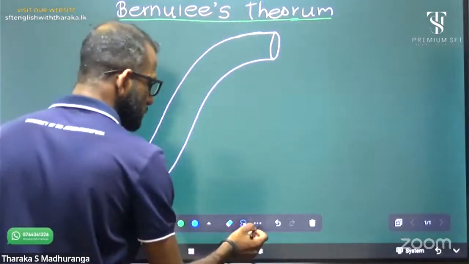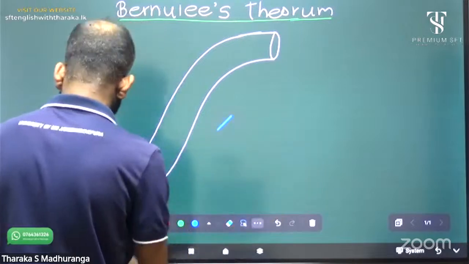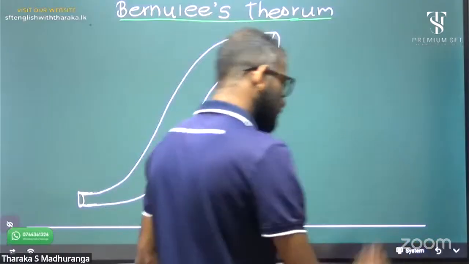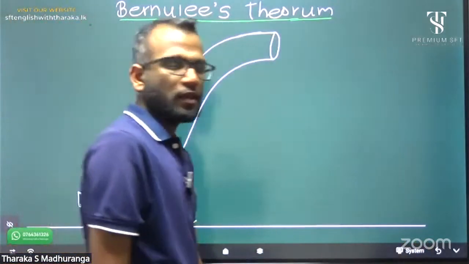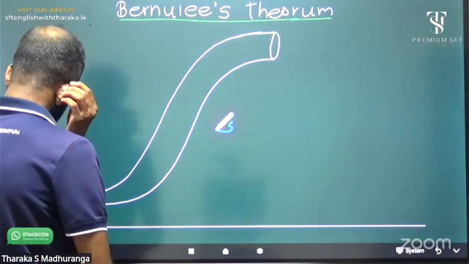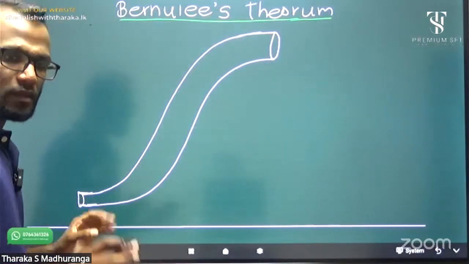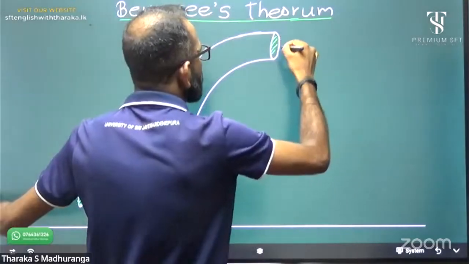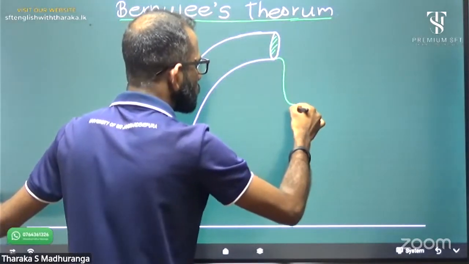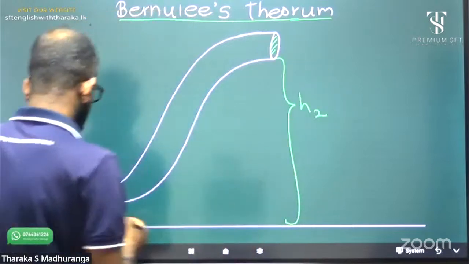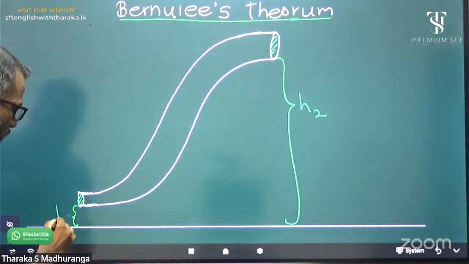And this is the ground level now, right? Now this is H1, the height from the ground level to this end, and H2 is the height to the other end.